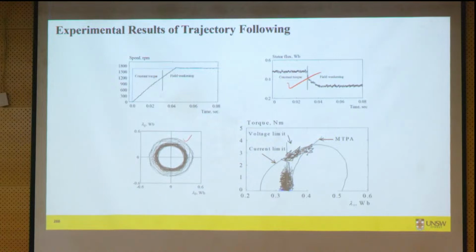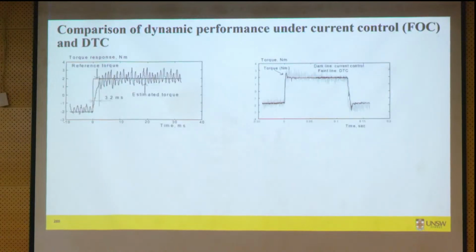Okay, so you can see here the comparison of FOC and DTC for the same type of application. The dark line is FOC, and you can see how smooth the torque is.